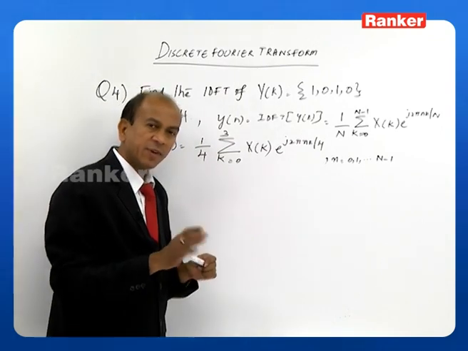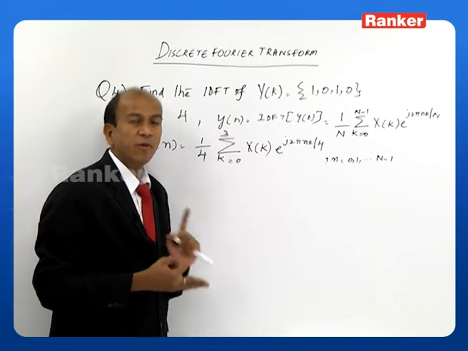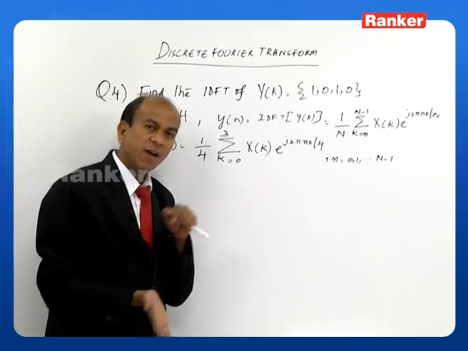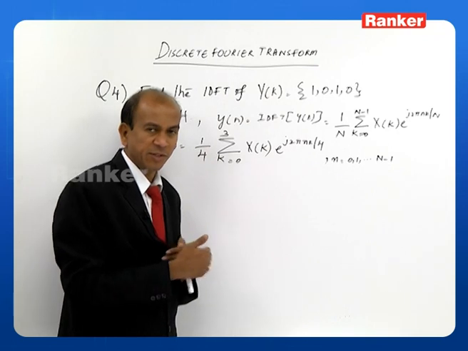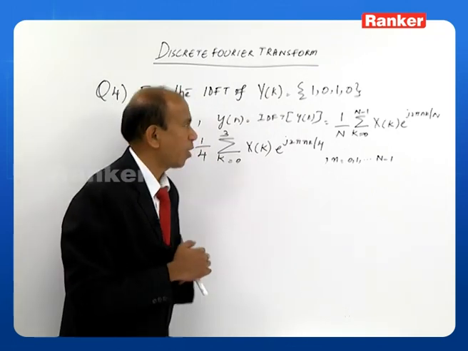So what is n minus 1 for us? 3. So I should calculate what is y of 0, y of 1, y of 2 and y of 3. So again, what we have done earlier, we are doing it in the reverse process. So let us start all those 4 cases. Let's look at the 4 cases and do this problem.